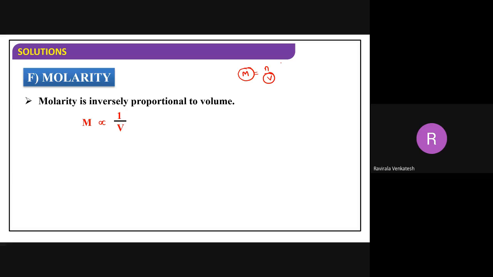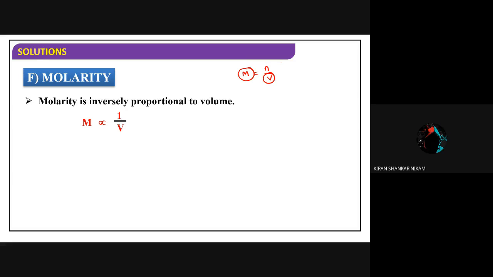The question is, what is the relation between molarity and volume? Sir, can you repeat one more time? I'm not going to repeat it 100 times. It is there on the screen.